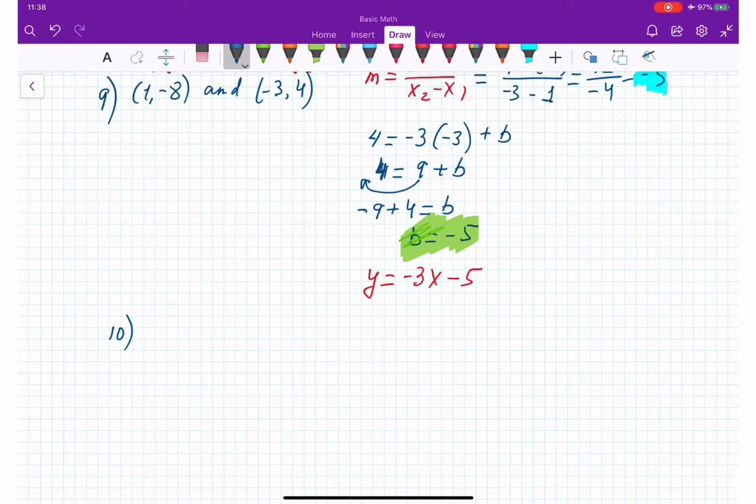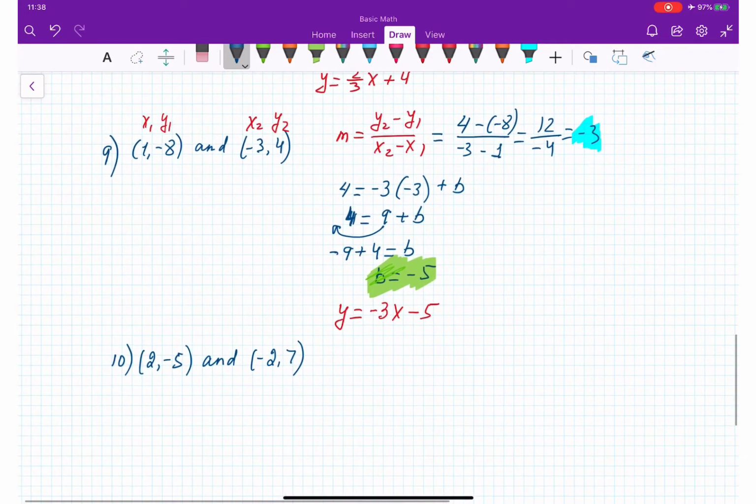We get 2, -5, and -2 and 7. All right. So let's see how we are doing. The same way, m is equal to 7 minus negative 5, which is y2 minus y1, right?